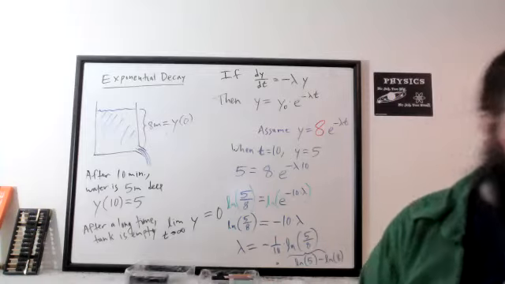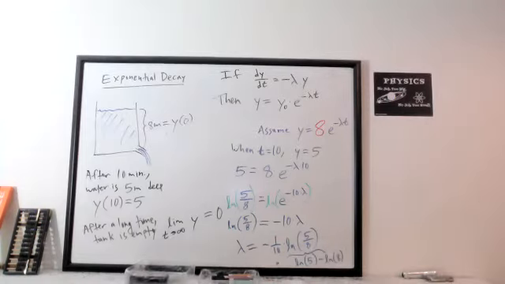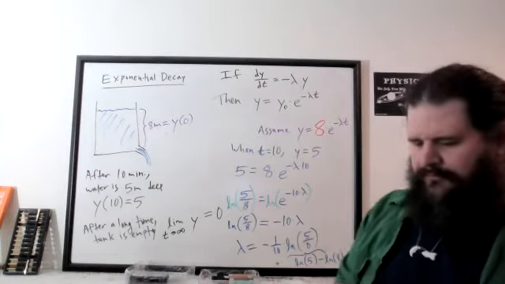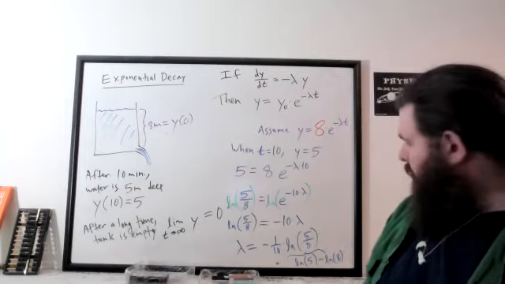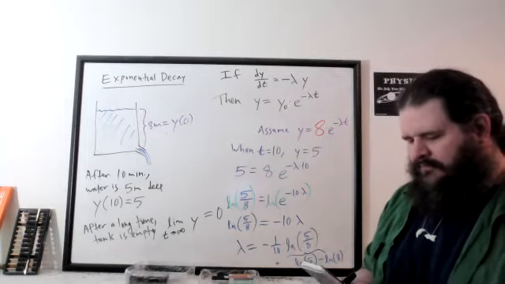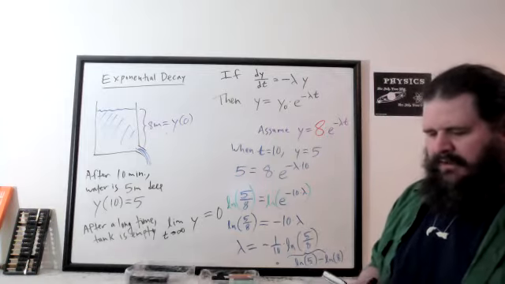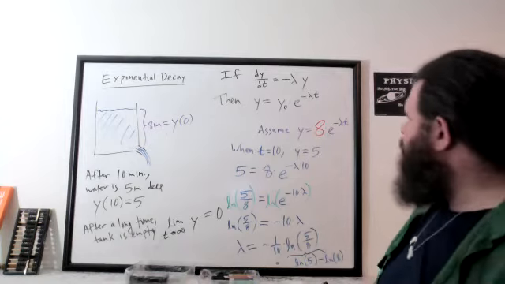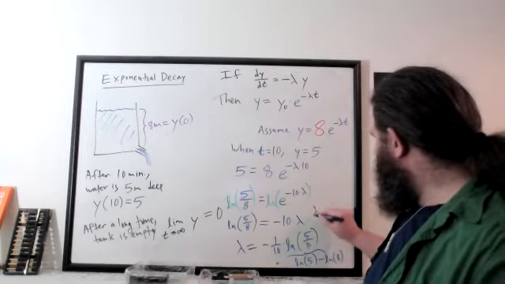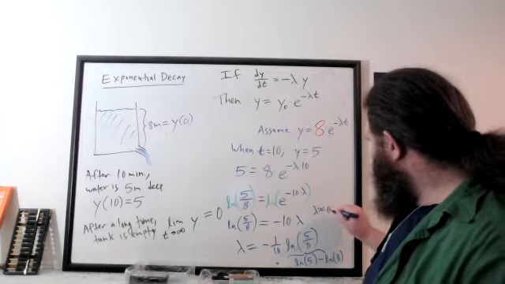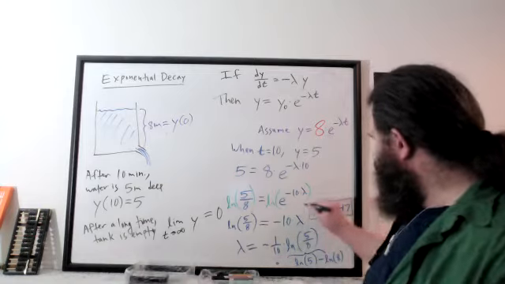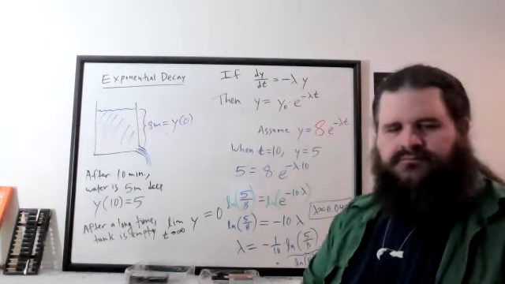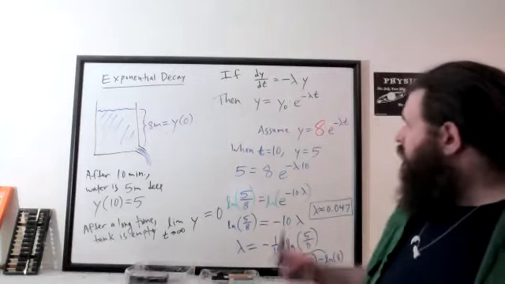In this case, though, we may as well just type this into a calculator and get an approximate decimal representation of the number. So negative 1/10 times logarithm of 5/8. And I'm getting about 0.047. So there's our lambda value.